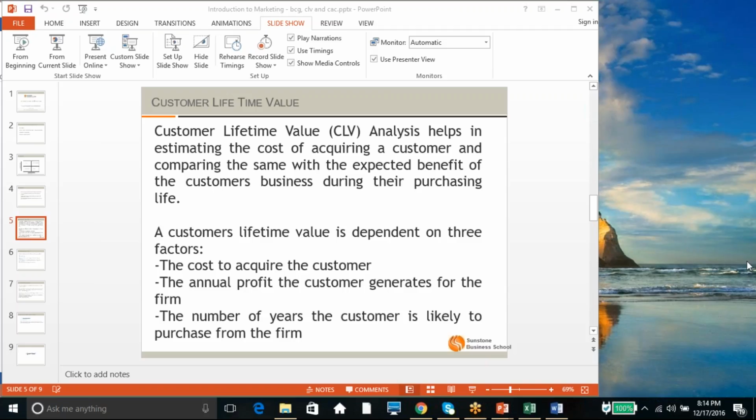So if annual profit is 20,000 per annum, then 20,000 plus 5 years makes no sense. So a little correction has to be done in that. Ajay, make the correction.